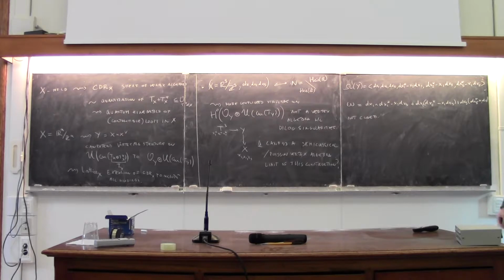So maybe this is one of the reasons why the structure is more complicated than normal. But I think finding a semi-classical limit is an interesting question. So this brings me to the next topic that I wanted to talk about.